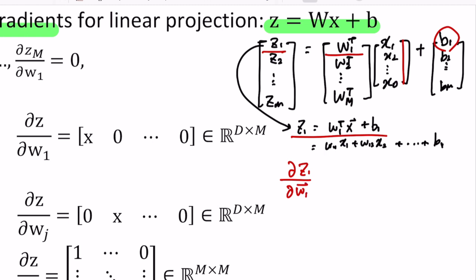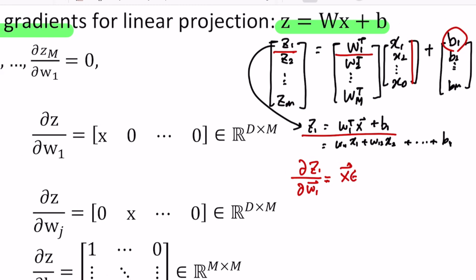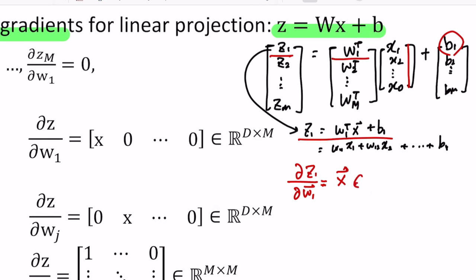The gradient of a scalar with respect to a vector is going to be just the vector x itself, in the T by 1 space.